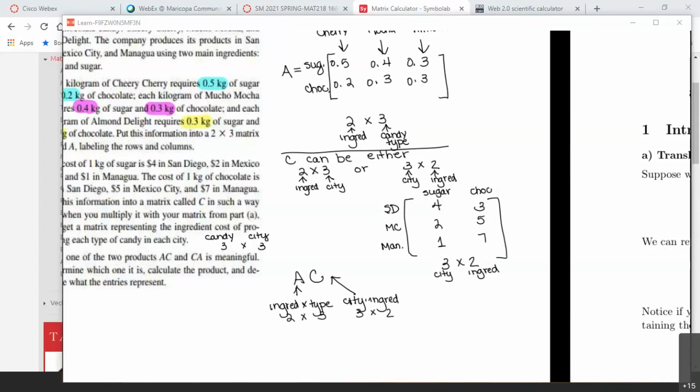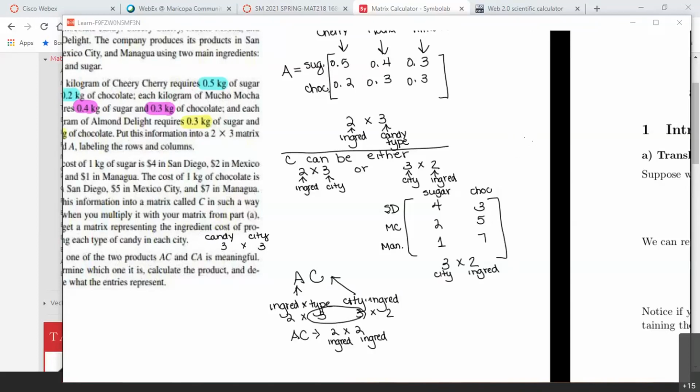Okay, will that result make sense? Again, remember, I can do the multiply because these match. But then that means AC is 2 by 2, which is ingredient times ingredient. Does that make any sense?